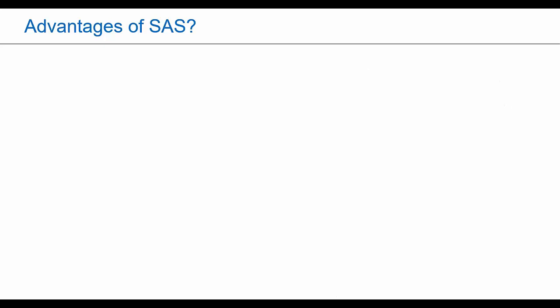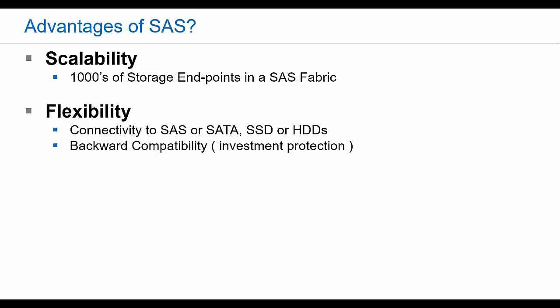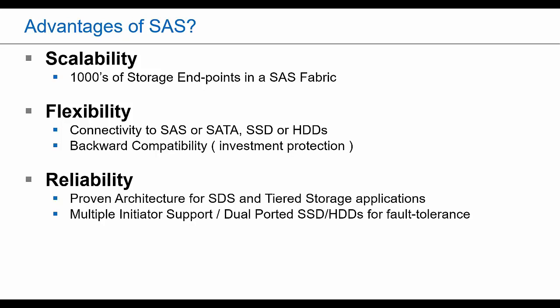I'm also pretty sure you've heard the question, do we really need 24 gig SAS? So just to recap the advantages that SAS enjoys today, as the dominant enterprise storage architecture out there, it can scale to thousands of targets. It has the flexibility to incorporate lower cost SATA devices. It's a proven architecture that can address data center and cloud storage.